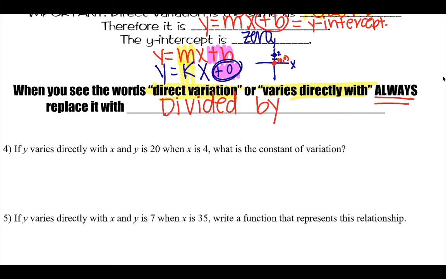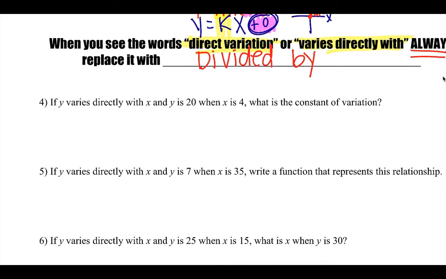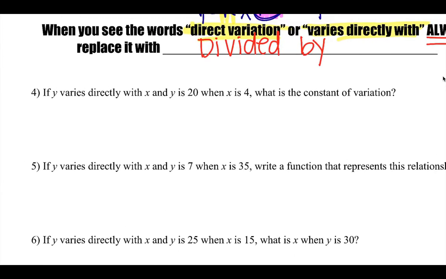Every single time you see those keywords, cross it out, scratch it out, and write divided by instead. Because if we look at number 4, it's going to make a whole lot more sense if we write divided by than varies directly with or direct variation or all those fancy math words. Because you know us math people, we like to be fancy.